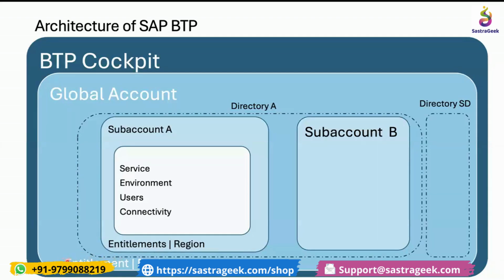And entitlements are the resources that BTP provides you under the plan that you subscribe to. So you'll have your basic free services, and you will have certain services that are purchased out of your plan. You can list out all your entitlements over there.